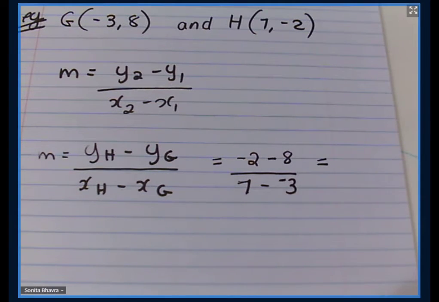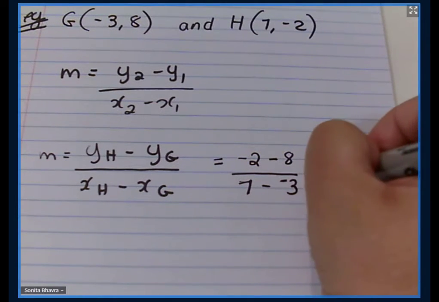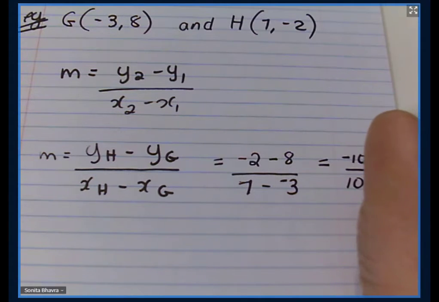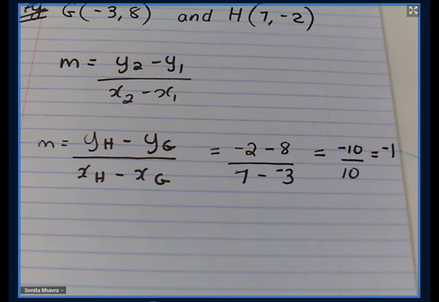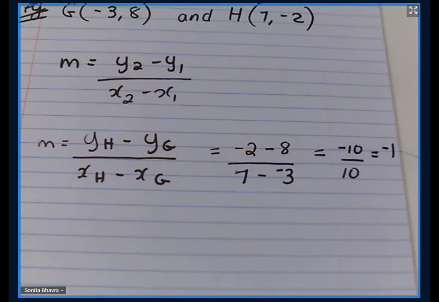You can put that into your calculator, and we end up with -10 over 10, which gives me a slope of -1. So -1 over 1: basically your rise is -1, or going down 1, and then your run is going over 1. Also, noting that our slope is negative, we would know that this line is going down when we look at it from left to right.